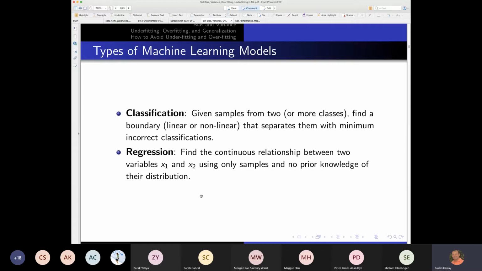The second class, of course, is regression, where we would like to find a continuous relationship between two variables, x1 and x2, or between n variables and a particular mapping in the nth dimension plane, using only samples and no prior knowledge of their distribution. So we would like to create this continuous mapping for the system.